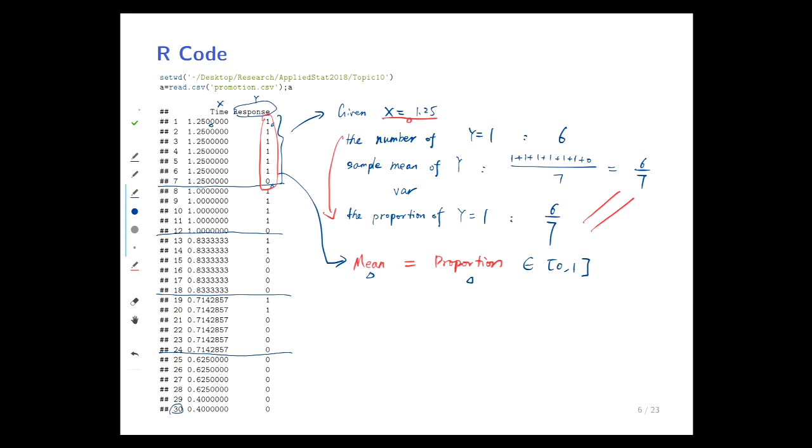So we can get this conclusion that the mean of a binary variable can only be within 0 and 1, right? Because we only have 1 and 0, and the mean here is exactly equal to the proportion.